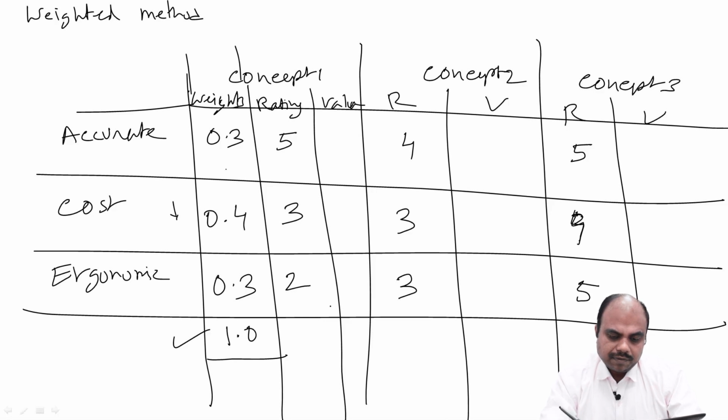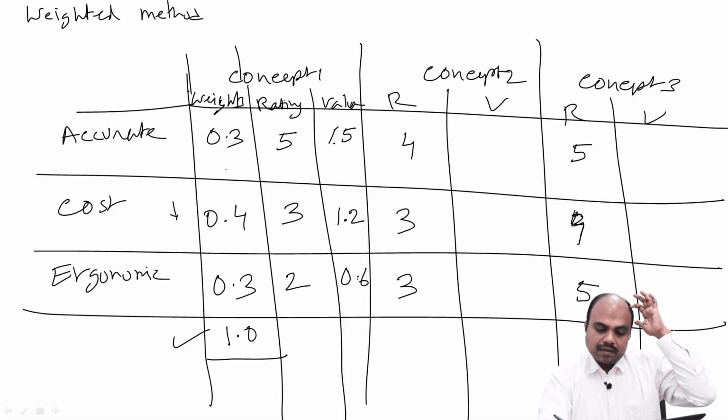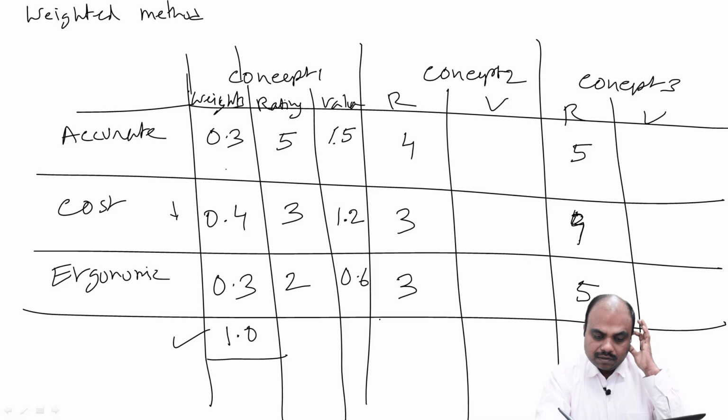Now if you want to have the value, take for example, here it will be 1.5, 1.2, 0.6, and then we are going to add all of them together.